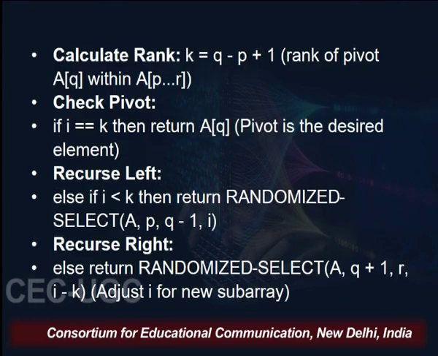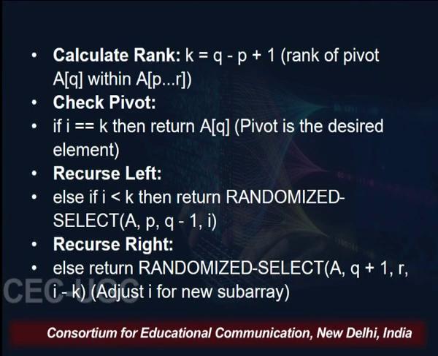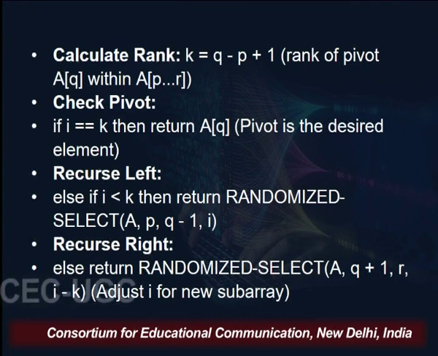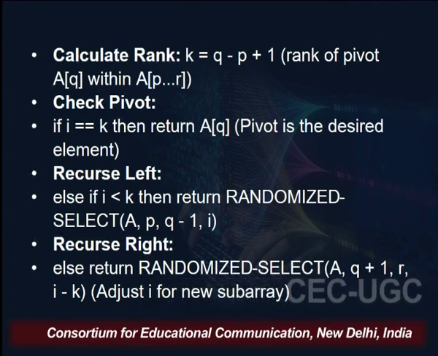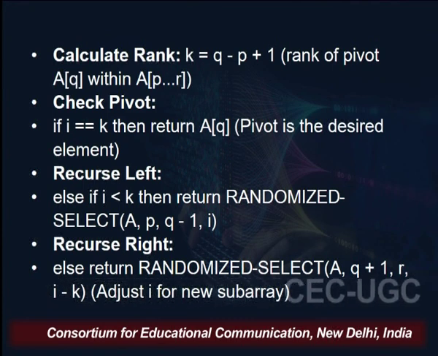Now, we are going to calculate the rank, which is q minus p plus 1, the rank of the pivot within this array, and then we check if my i, the desired rank, matches the rank of the pivot element, then we are done in one call. We will be returning A[q], because the pivot is the desired element.